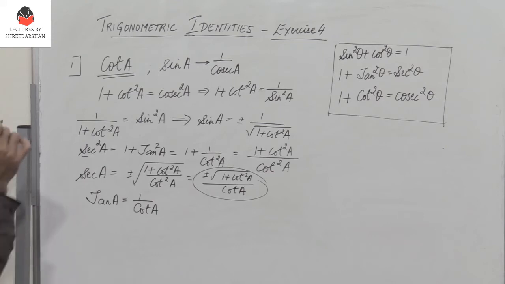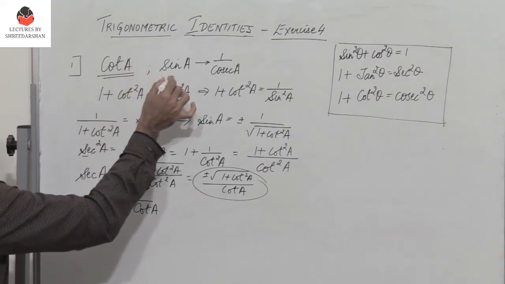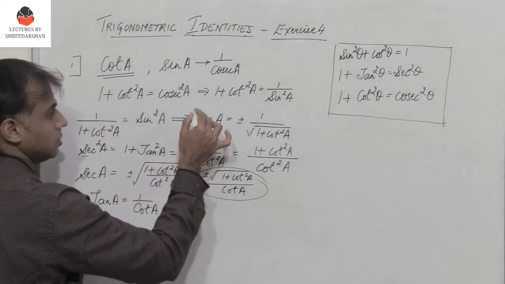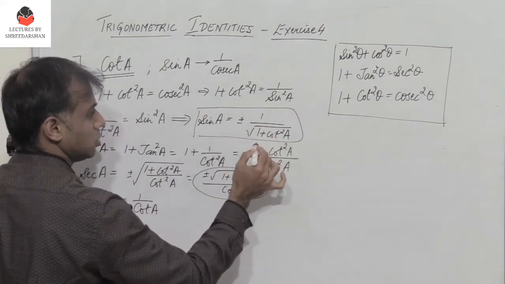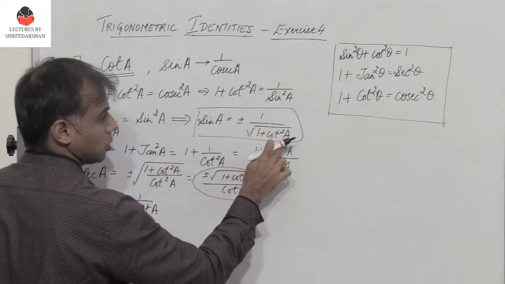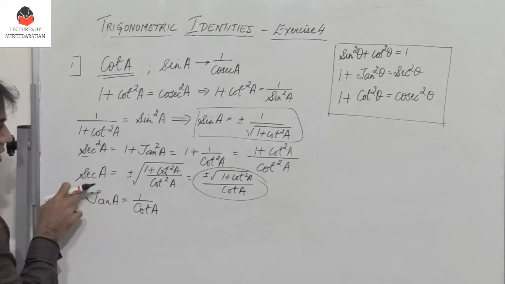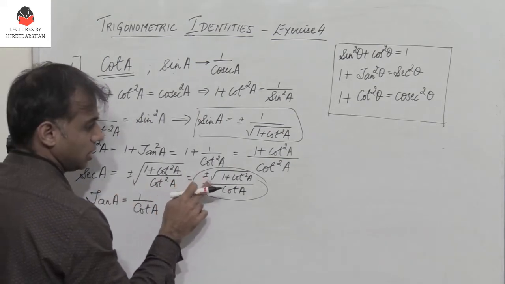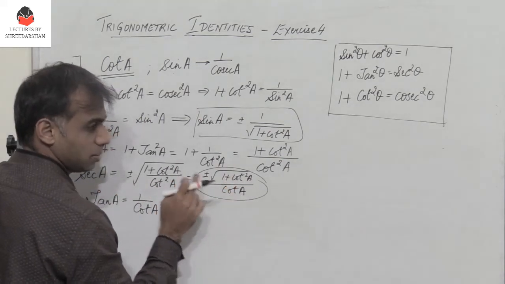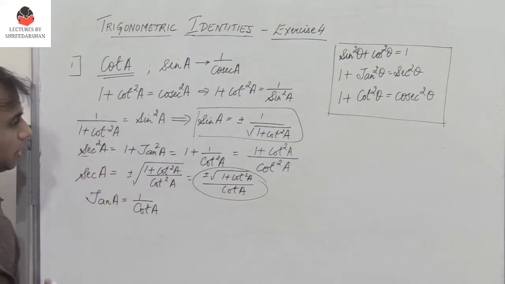Okay. So given the first problem, I had to express sine A. So sine A equals plus minus 1 by root of 1 plus cot square A. Next, secant A is plus minus root of 1 plus cot square A divided by cot A, and tan A is 1 by cot A.